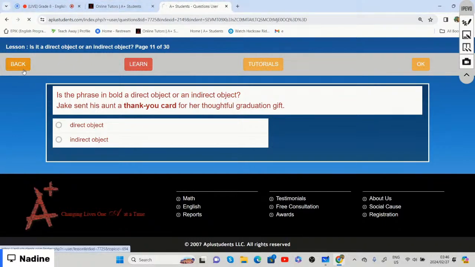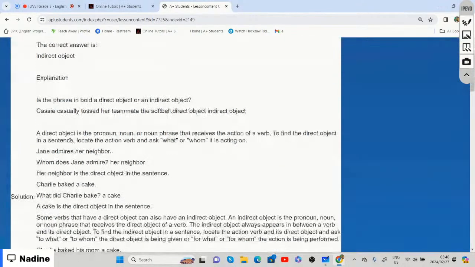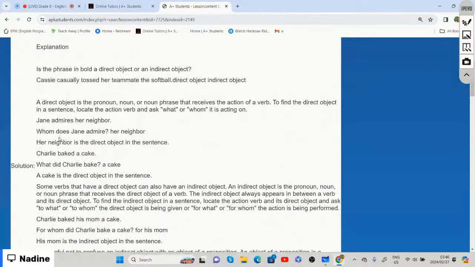All right. So we did direct and indirect objects, right? We see the direct object is either a pronoun, noun, or noun phrase that receives the action, and we ask ourselves questions like what or whom is it acting on? And then we have an indirect object, which is also a pronoun, noun, or noun phrase that receives the direct object of a verb.